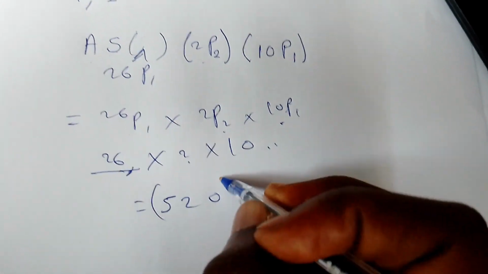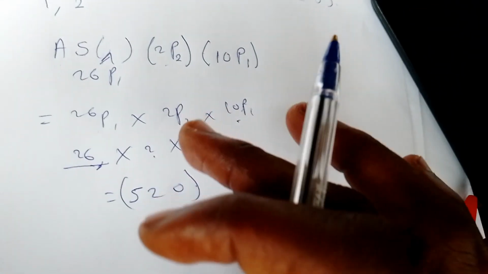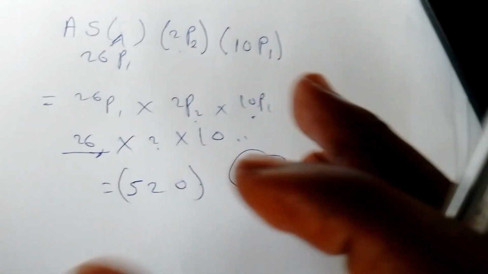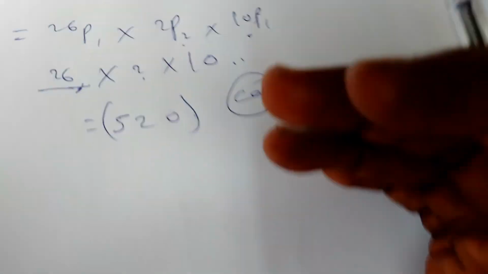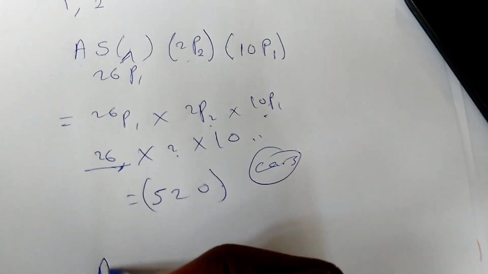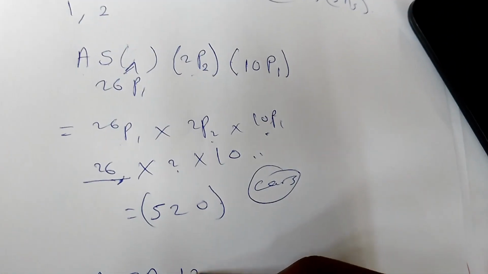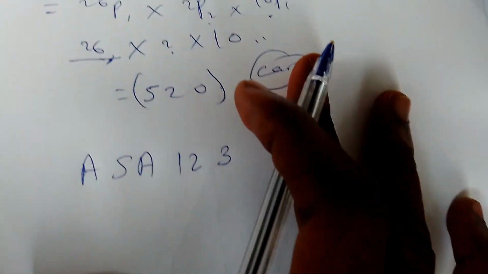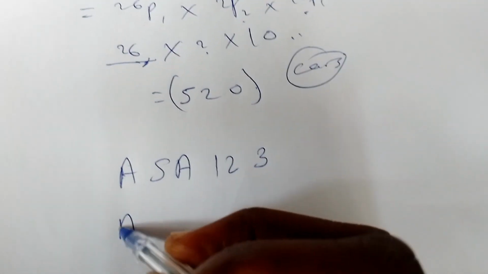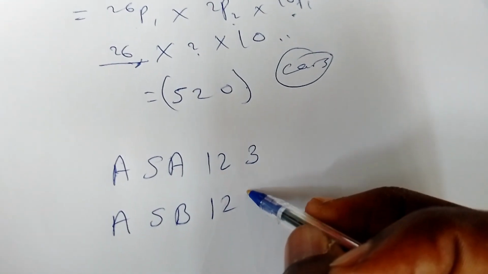So that simply tells the police that they can put 520 cars on their suspect list. We can have one car number that looks like this, or all the possible car numbers will be put on their list.